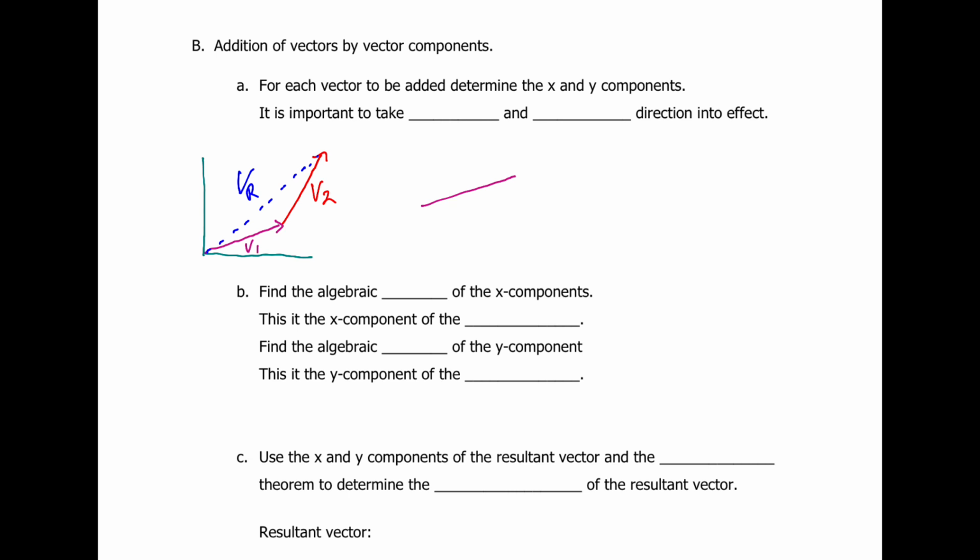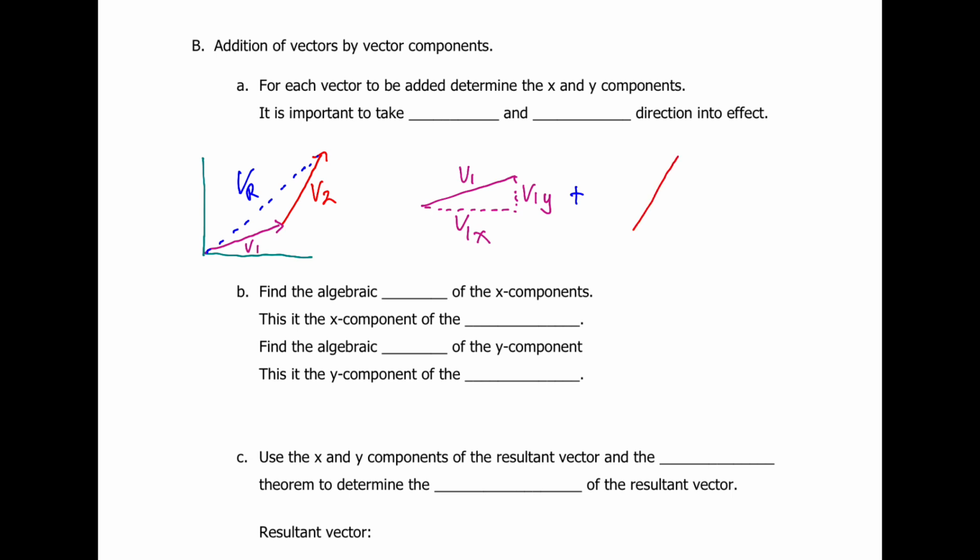That's fine. And this vector 1 has an x component and a y component. It has v1 in the x direction, and it has v1 in the y direction. So it has both of those things in it. Now we can add this to the second vector, which will look like this.